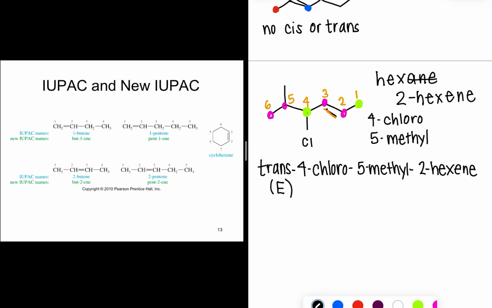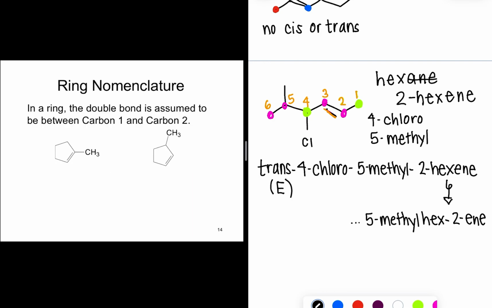For this 2-hexene, the new IUPAC rules are, instead of calling this 5-methyl 2-hexene, sometimes you'll see this as 5-methyl hex-2-ene. Both are correct. Old system, new system.